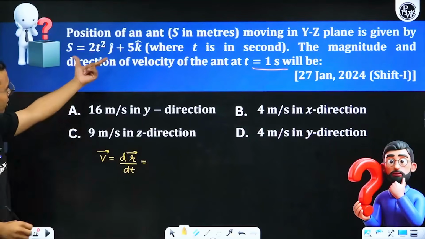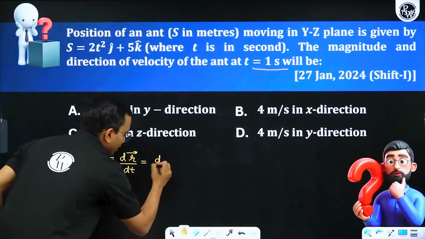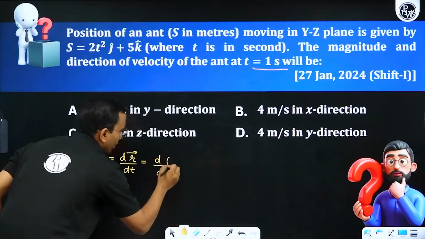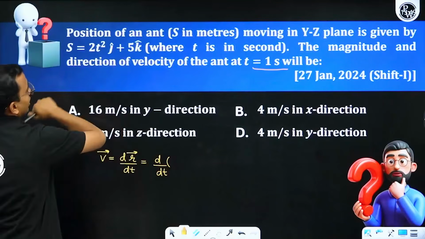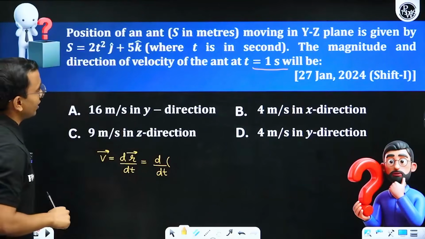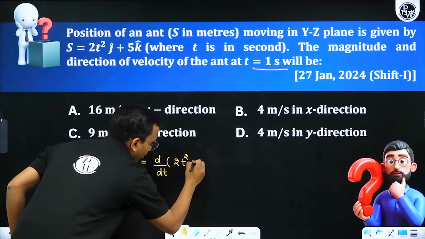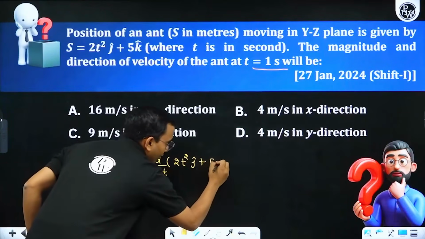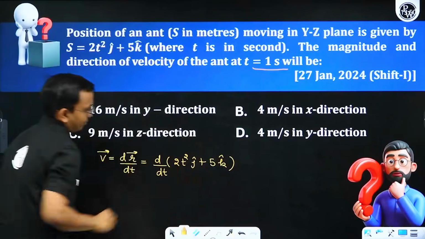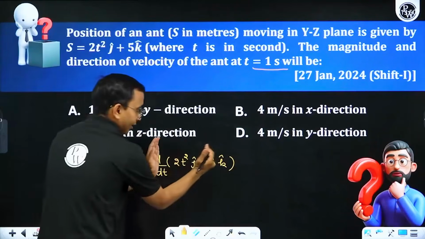What is my position? Write it here. So d by dt of this is 2t square j cap plus 5 k cap. Now differentiate these two things separately.